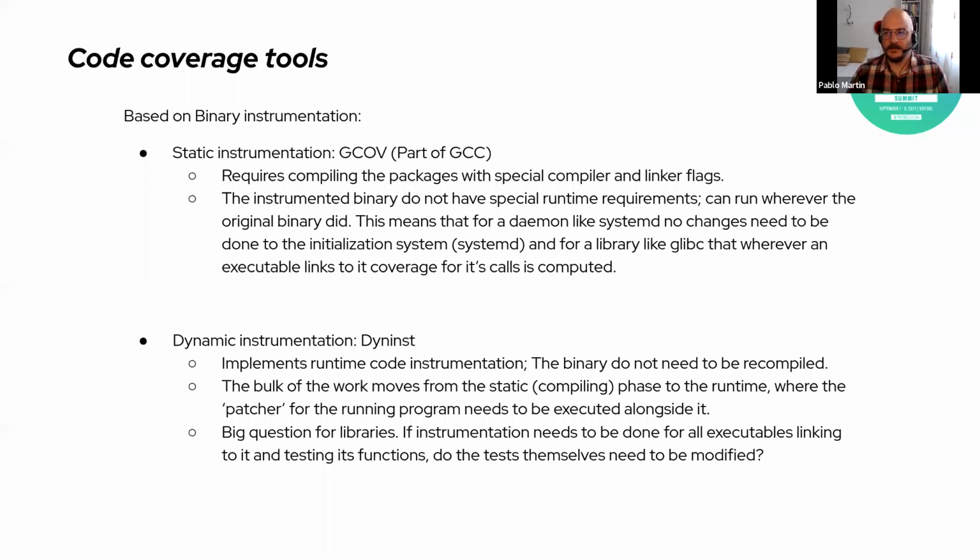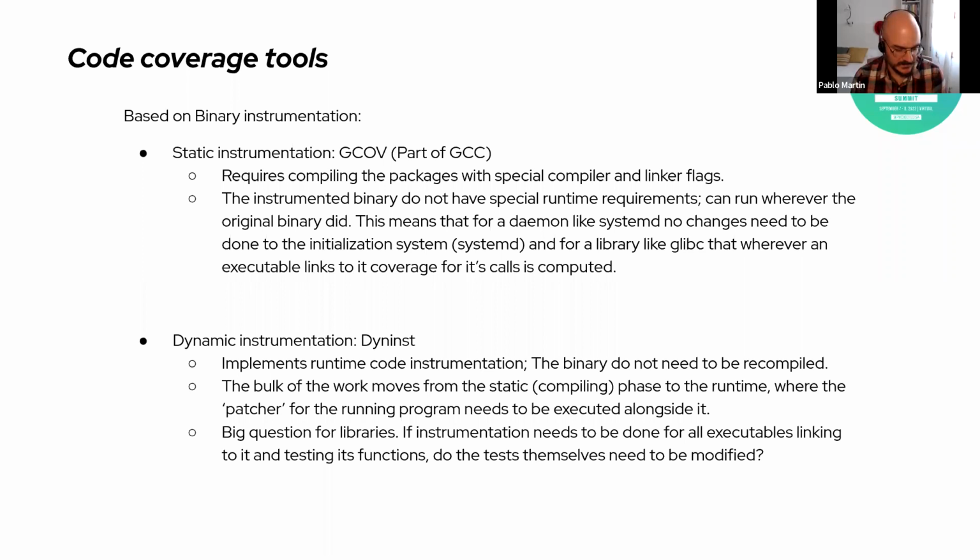So we are covering this because the same tests that are being done for functional testing, the different packages, are the ones that are then run with code coverage. The instrumented binary does not have special runtime requirements. This is especially important in the case of a whole system because we are modifying the building of the packages, or rebuilding them.